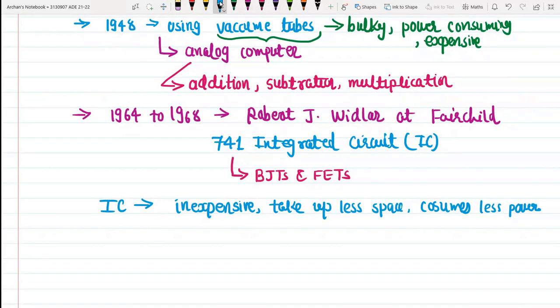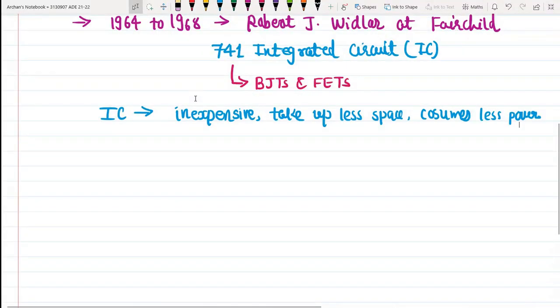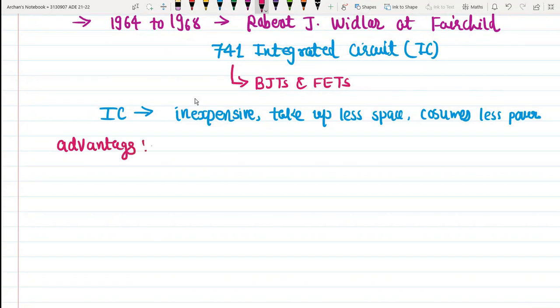Millions and millions of these integrated circuits are used for the fabrication and design of electronic circuits. There are a number of advantages of these operational amplifiers. Let us talk about a few advantages as well as applications.